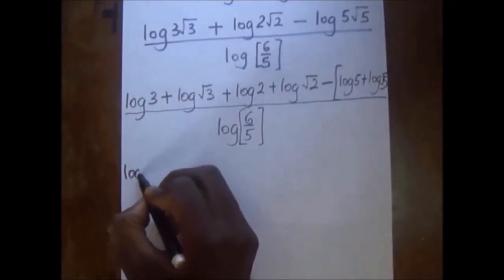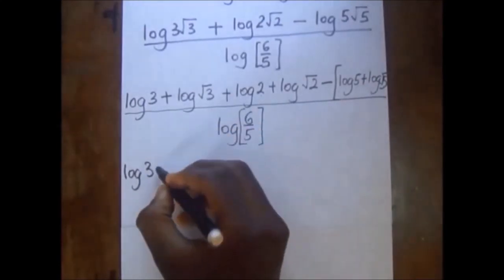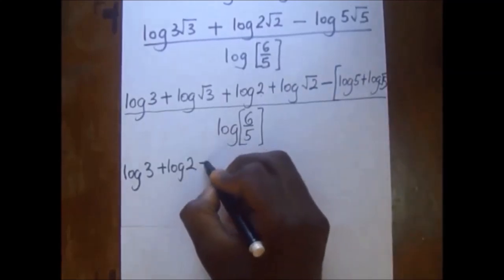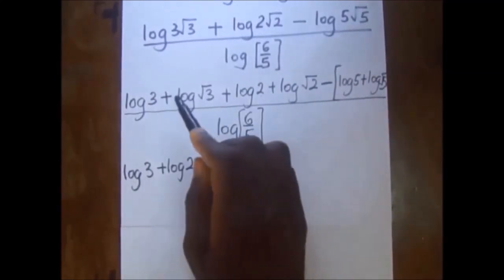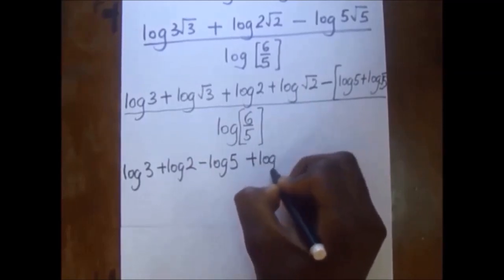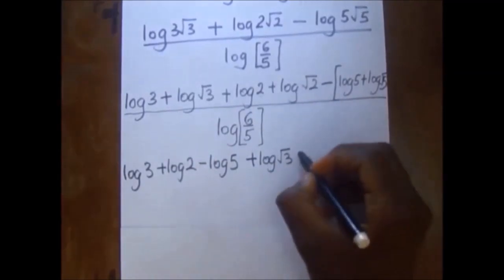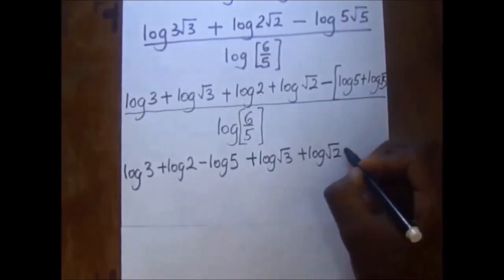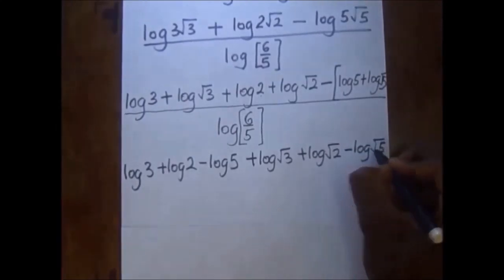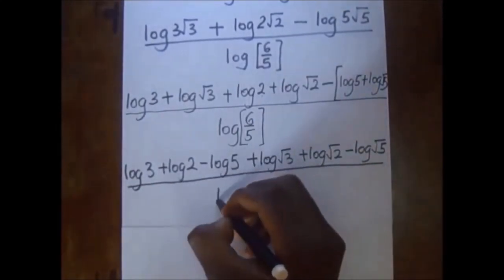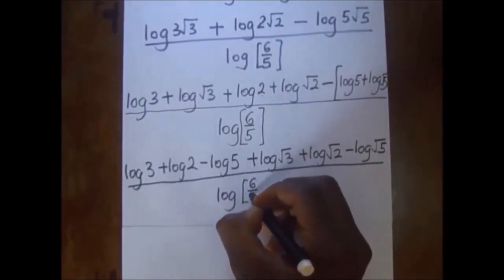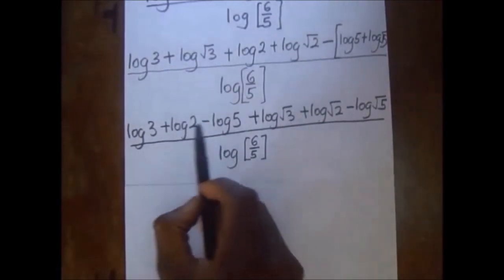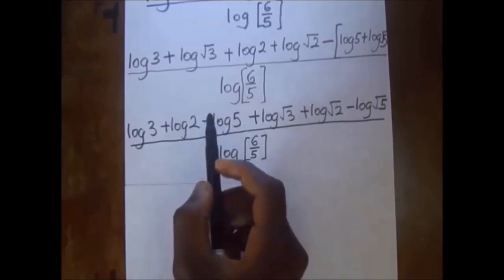So this is going to become the log of 3 plus the logarithm of 2, minus log of 5, plus log of root 3, plus log of root 2, minus log of root 5. All that divided by log of 6 over 5.